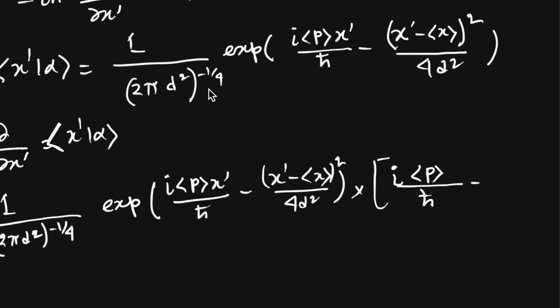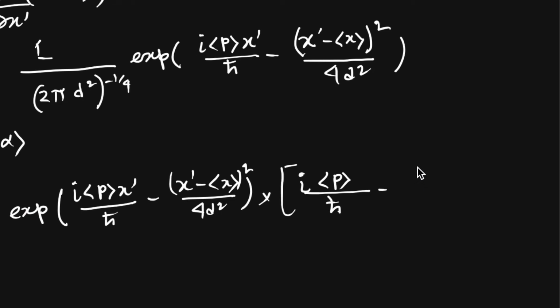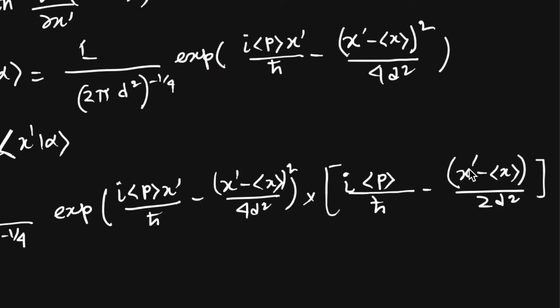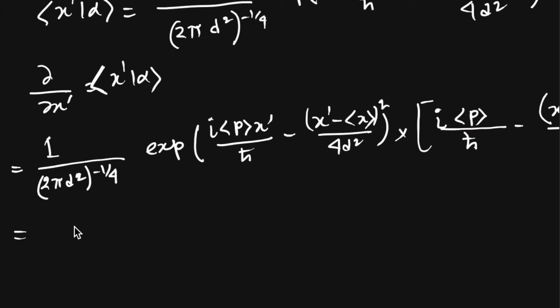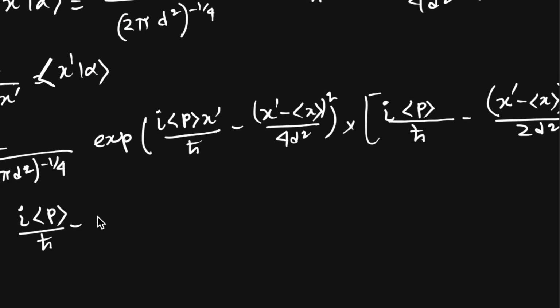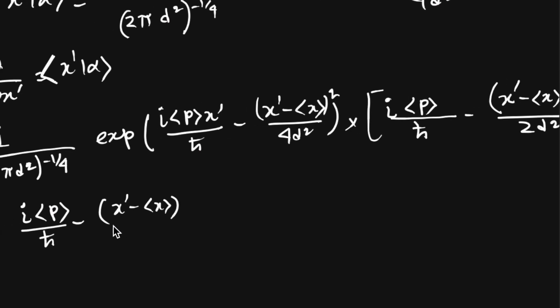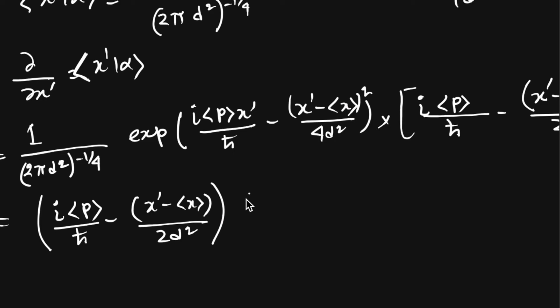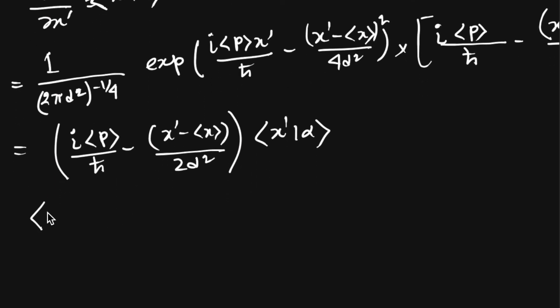Minus 2 means x prime minus expectation of x by 2 d square. So this is nothing but i p by h-cut minus x prime minus expectation of x by 2 d square into x prime alpha. So what is the value then?